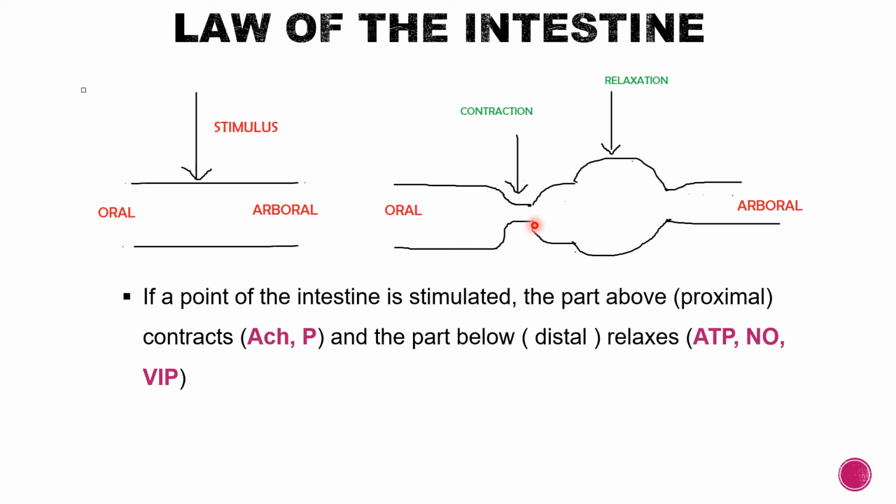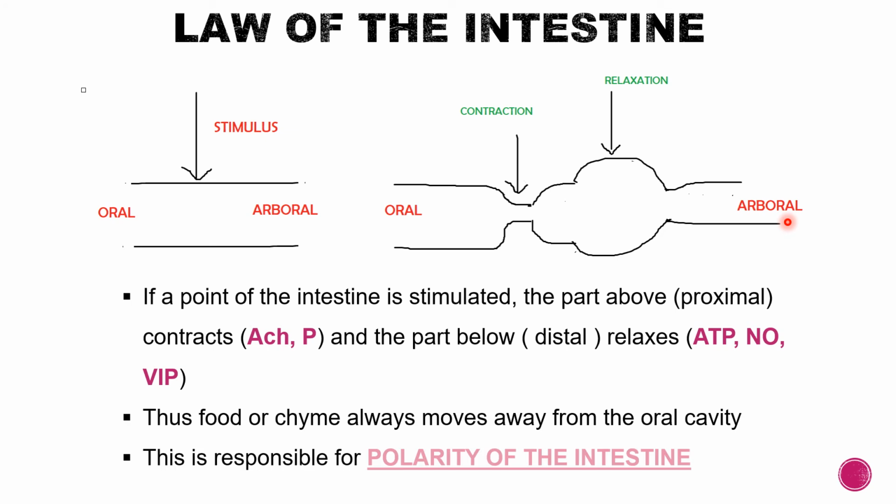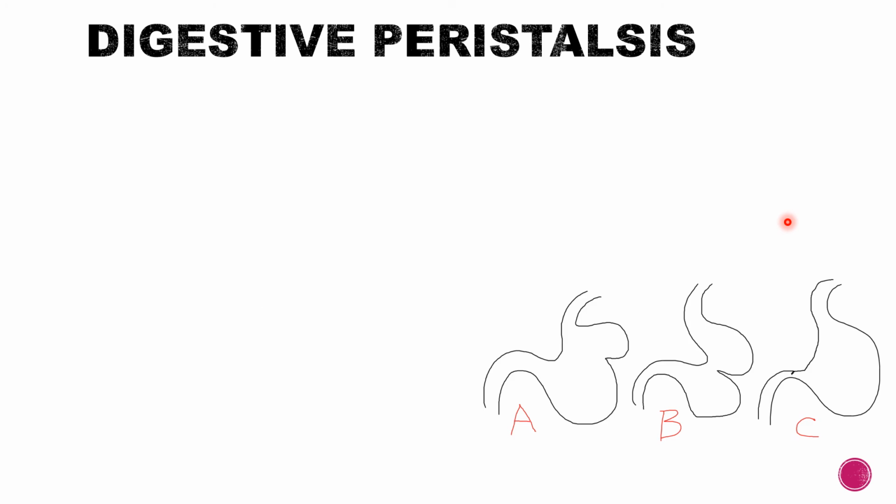This contraction is brought about by acetylcholine and substance P, and this relaxation is brought about by ATP, nitric oxide, and VIP. Due to this contraction and relaxation, the food only moves towards the anal side. This is also responsible for the polarity of the intestine. Thus the food or the chyme always moves away from the oral cavity.